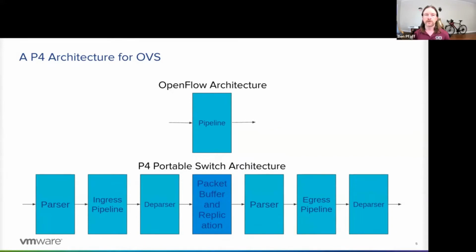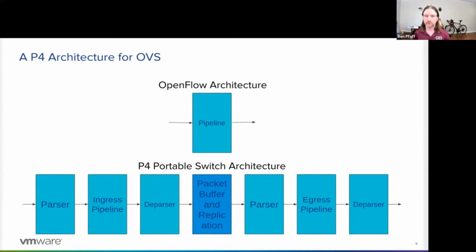P4, on the other hand, is really flexible, and you can design a P4 switch to have pretty much any reasonable architecture you want. The one that we thought about as a model for OfP4 is PSA, the Portable Switch Architecture. This architecture has two pipelines, and each of those pipelines has a programmable parser and deparser, and they're separated by a buffering and replication engine. We need to come up with a common architecture between these.